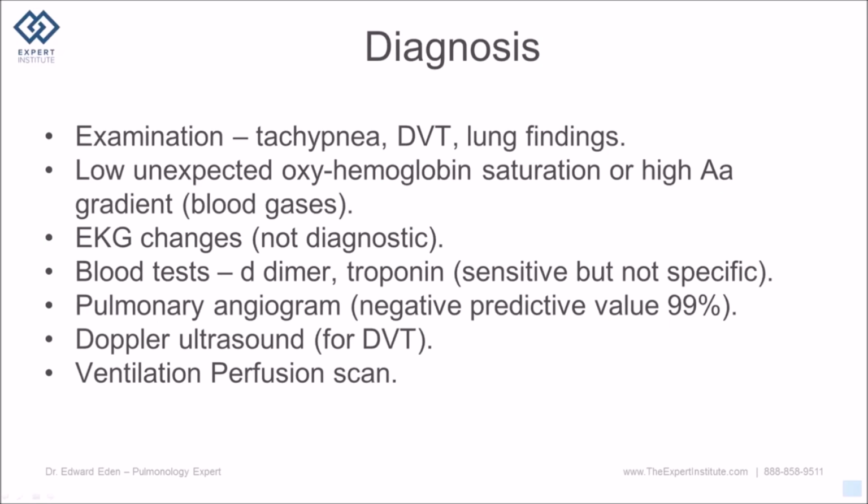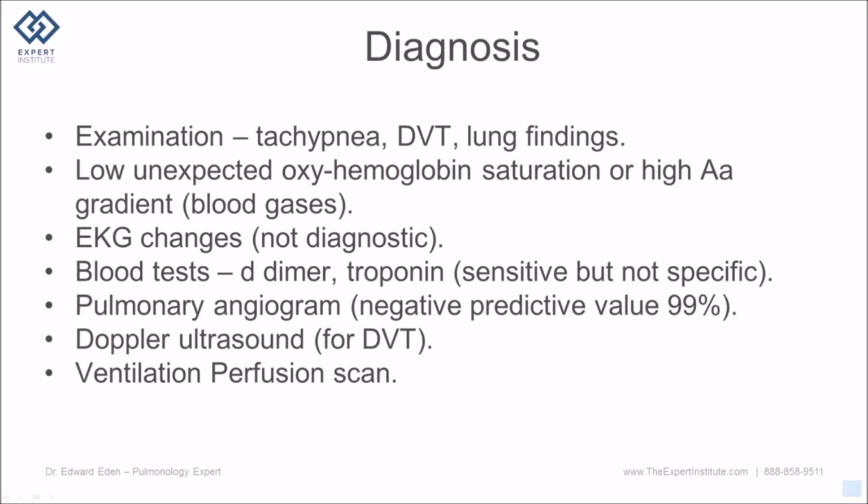Blood gases can be helpful. Generally, a low oxygen hemoglobin saturation, unexpected in an otherwise healthy patient, or on blood gases, a specific finding called the AA gradient, which is the difference between the arterial and alveolar oxygen.